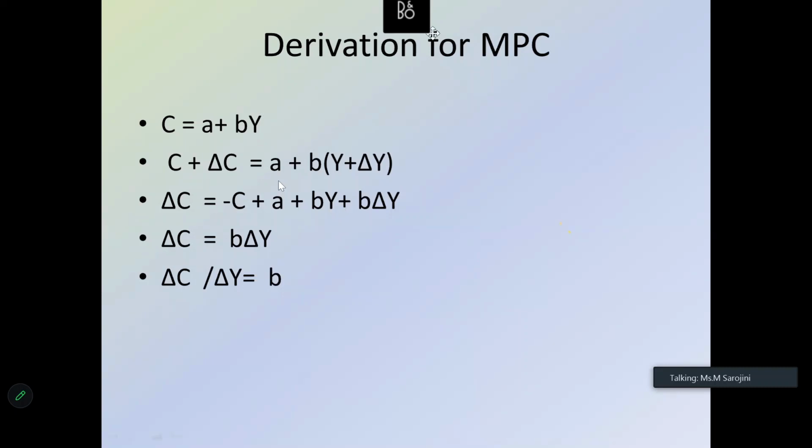Minus C and A plus BY is the C, so the minus C and plus C vanish, and the balance is B delta Y. Therefore, delta C is equal to B into delta Y. Once we take the delta Y to the other side of the equation, B is equal to delta C divided by delta Y. Again, this is the MPC.